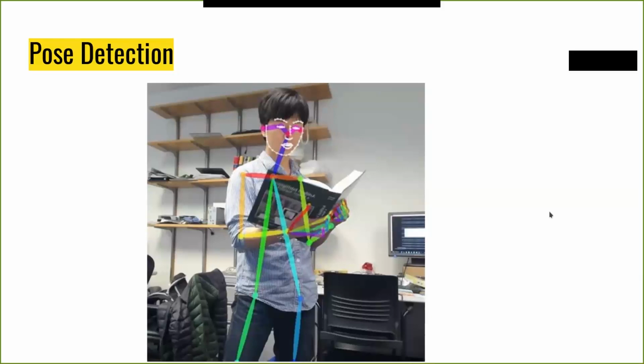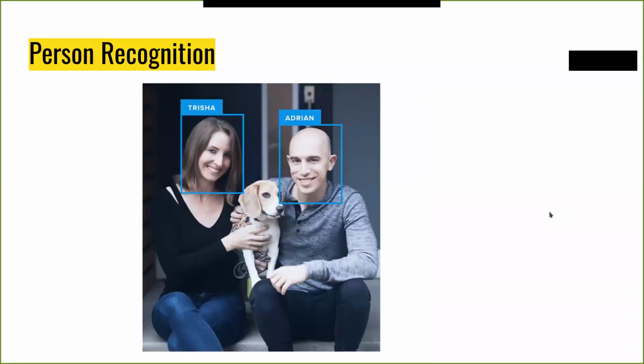Basically, if I just dance, it can be mapped onto a picture of, maybe, Aamir Khan or Shah Rukh Khan dancing. So that's also a very interesting application which is being developed.